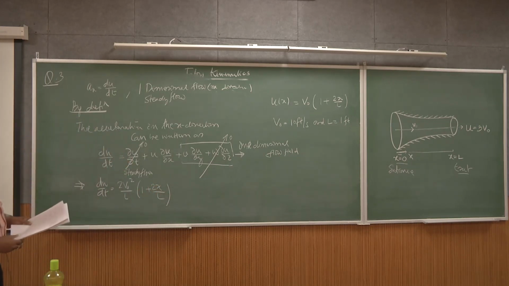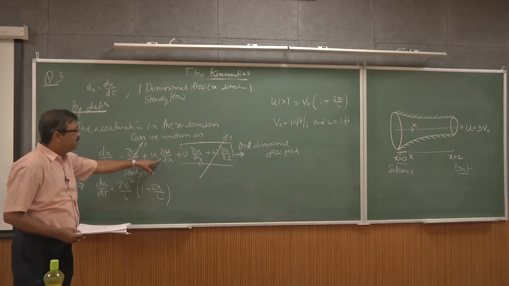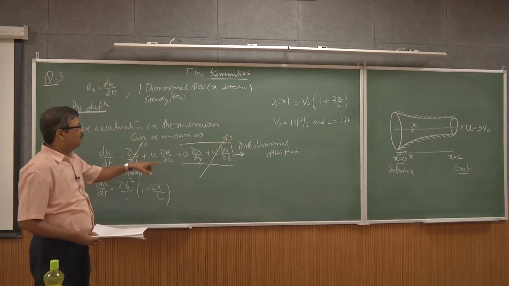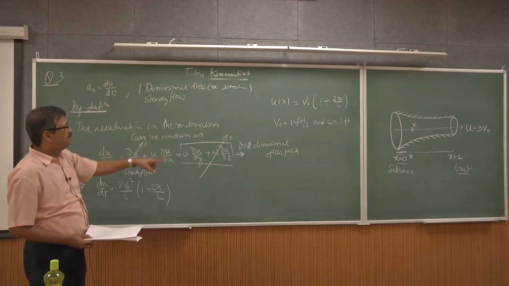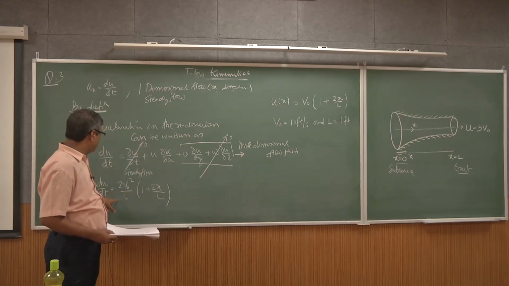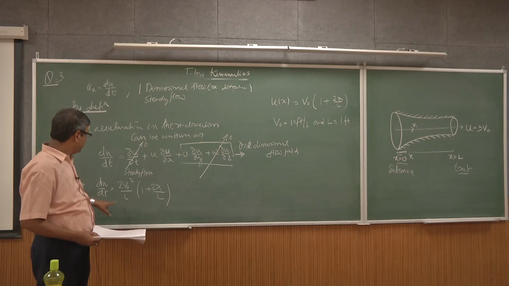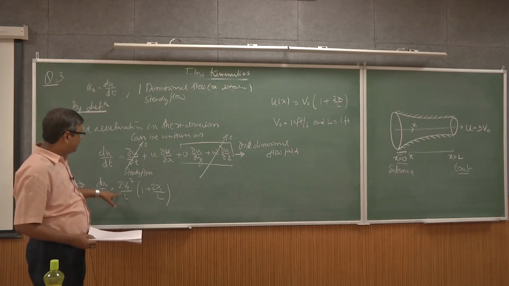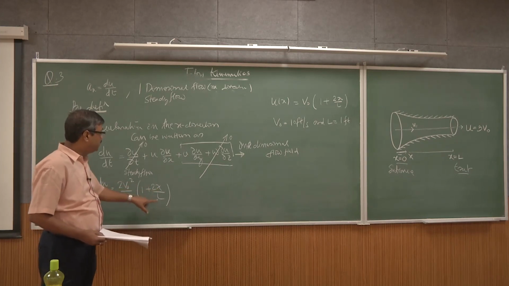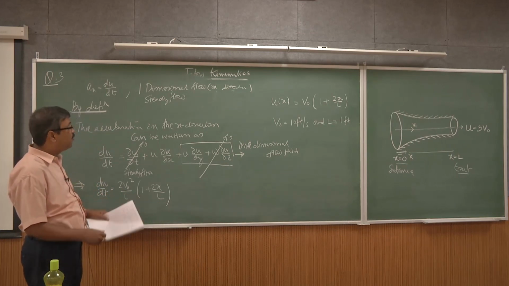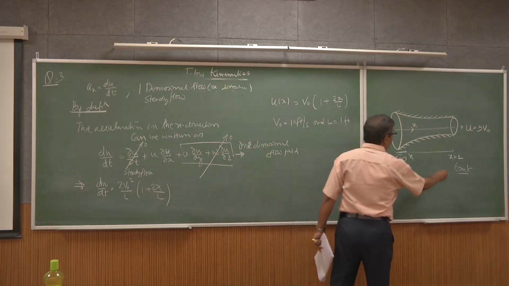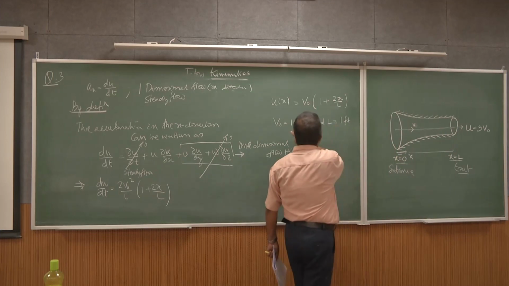It is very easy as you take the partial derivative with respect to x, and substituting the u value, you will get this value. So we know how this acceleration varies with x, as a function of v naught and L. Now we have to find the acceleration when x equals 0 and x equals L, and v naught is given to us.